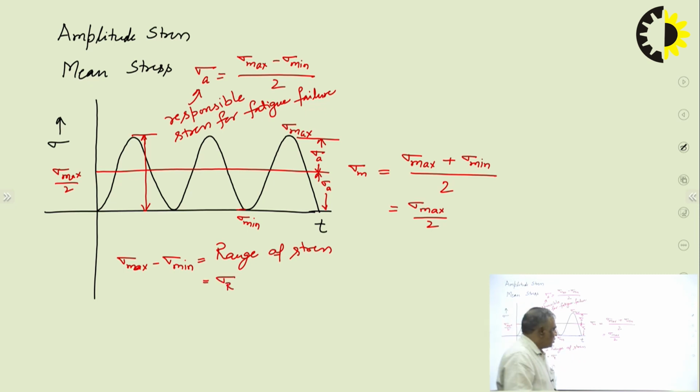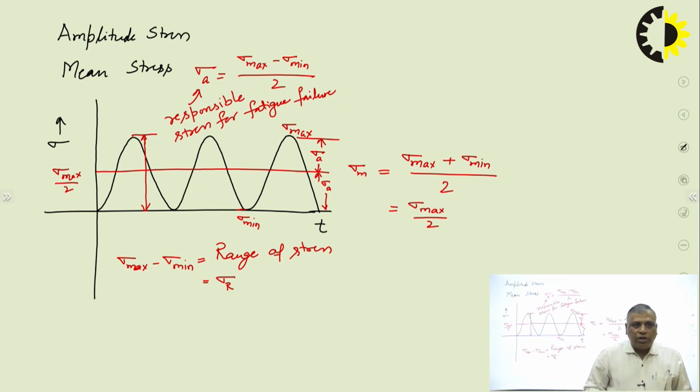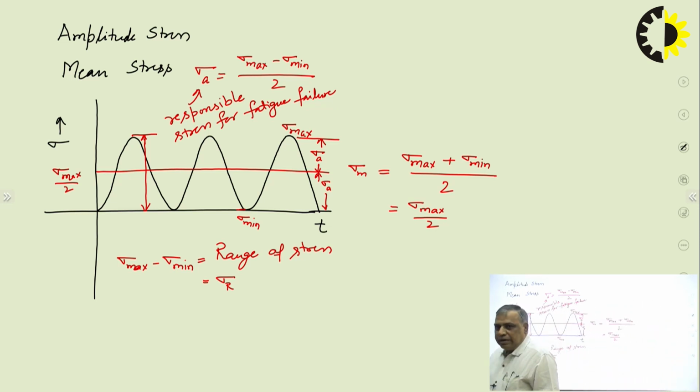This I have discussed for a special case of repeated stress. Now, as I have mentioned earlier, the most dangerous state of stress is the completely reversible stress, and we will find why it is so. And I hope this is very clear. What is the mean stress?